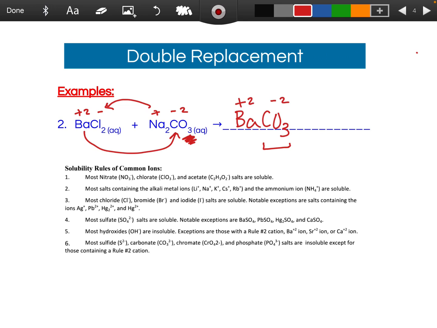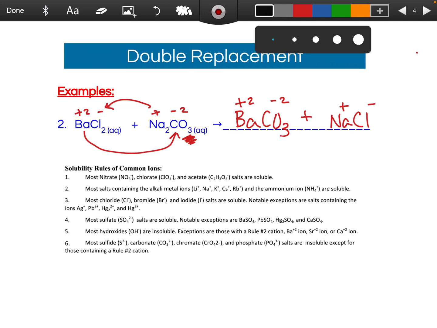So barium is +2, carbonate is -2, so it would just be BaCO3. And then our second product is going to be sodium, which is positive, combining with chloride, which is negative. And so sodium is +1, chloride is -1, so it's just NaCl.